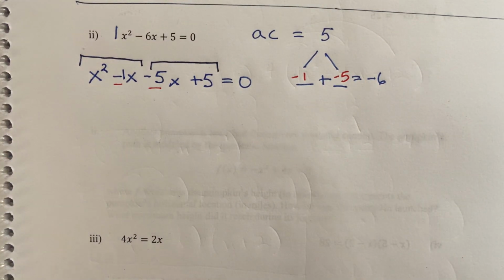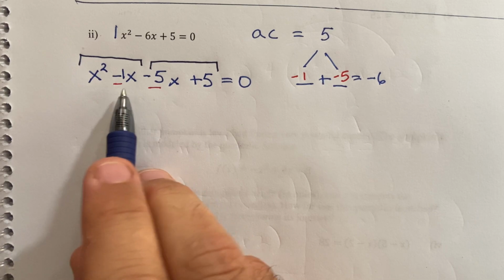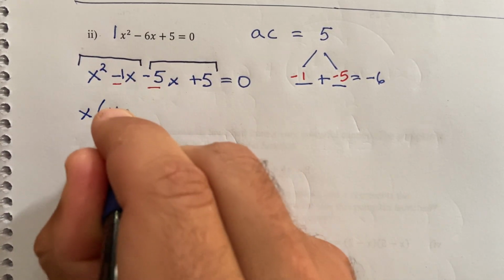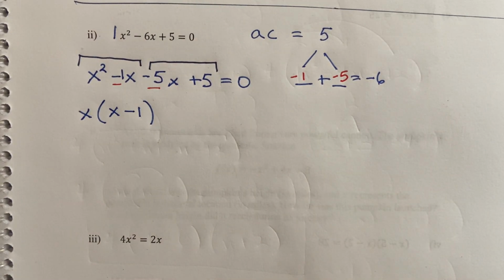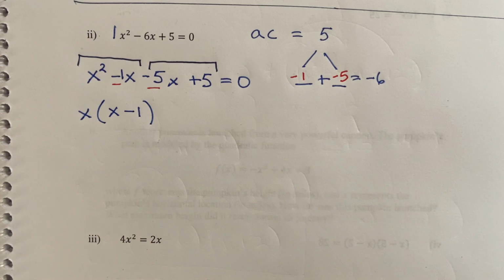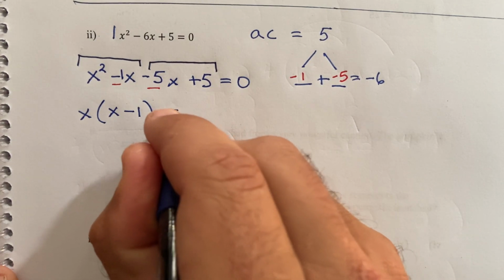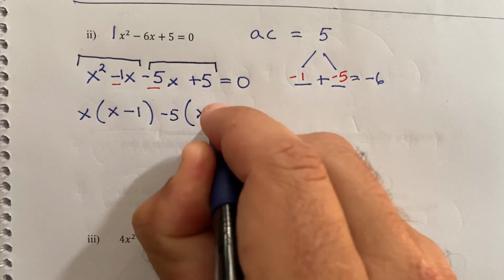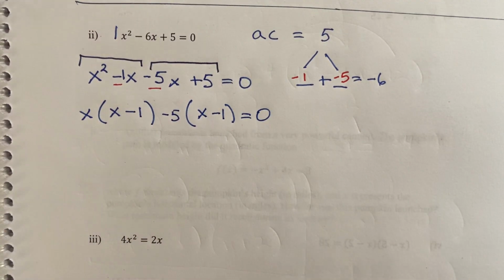So I'm going to factor those groups. The commonality here is an x, so I'll factor out x, leaving behind an x minus 1. I have a leading negative here, so something I've been recommending is to factor out that leading negative. So I'm going to factor out a -5, and that'll leave behind an x minus 1. This is all still equal to 0.